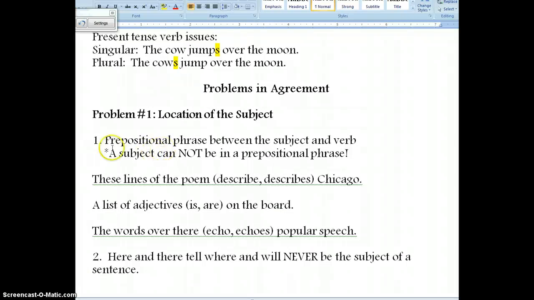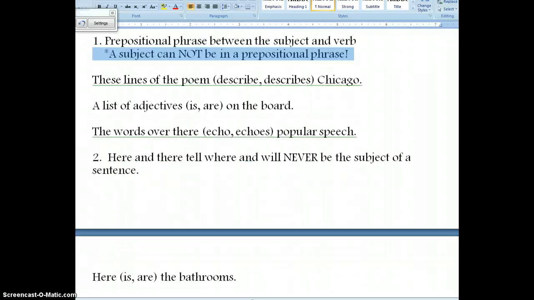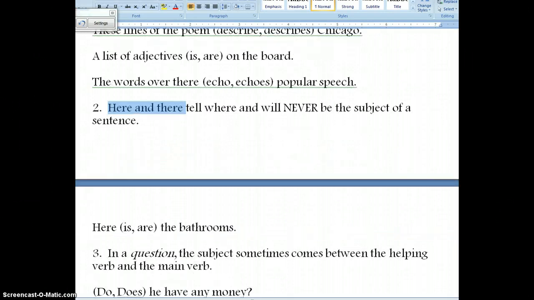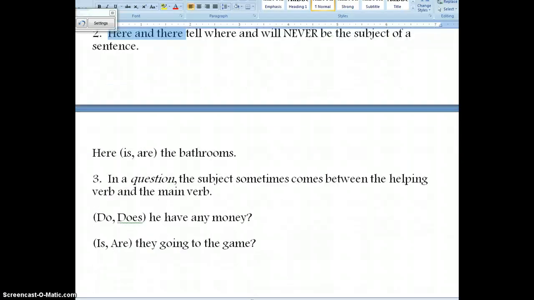You might have a prepositional phrase between the subject and the verb, and the subject cannot be in a prepositional phrase. You might have a sentence that begins with here or there, but those will not be the subject of your sentence. It would be after here or there, towards the end of the sentence. And then finally, in a question, the subject would come between the helping verb and the main verb. Okay? Memorize. Study, study. Au revoir.